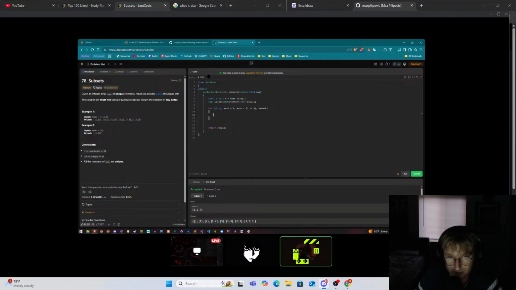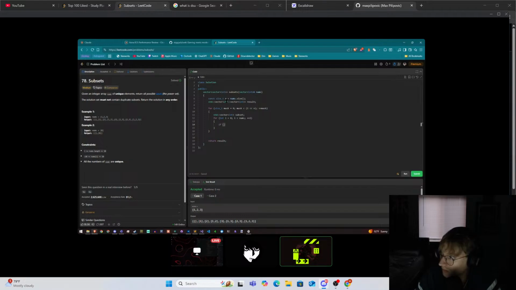All right. And then now you would need your vector of ints here, because now we're going to build the subset for this iteration. So then what you do now is you have to go over all of the numbers in the subset. Or not in the subset, but in the total set. And then here's the quote unquote trick, right?